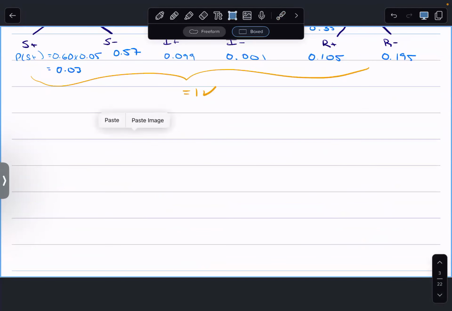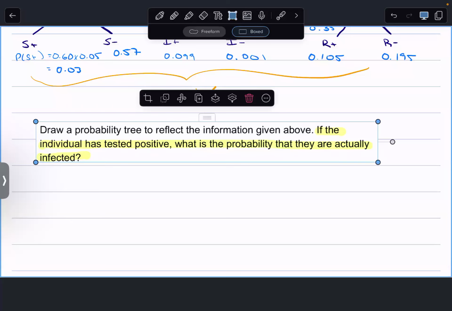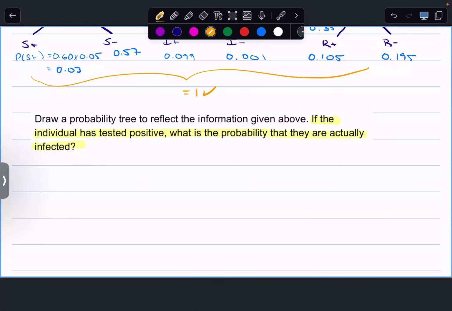So what does this look like? We know that they've tested positive, right? So given that they've tested positive, what's the probability that they are infected? And we write that as what's the probability of I given a positive test.